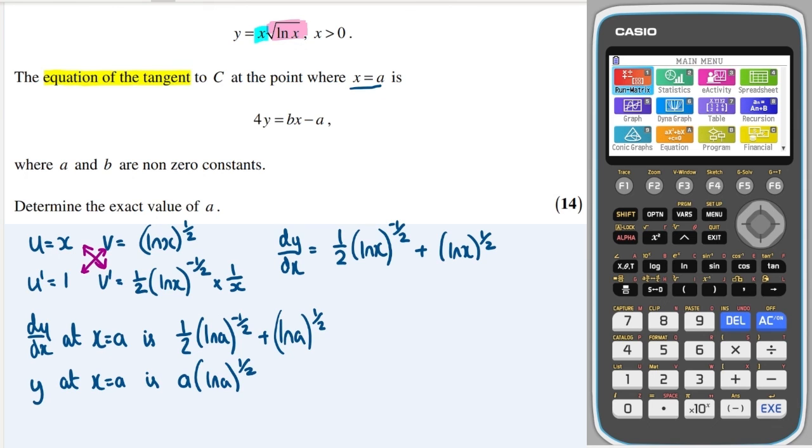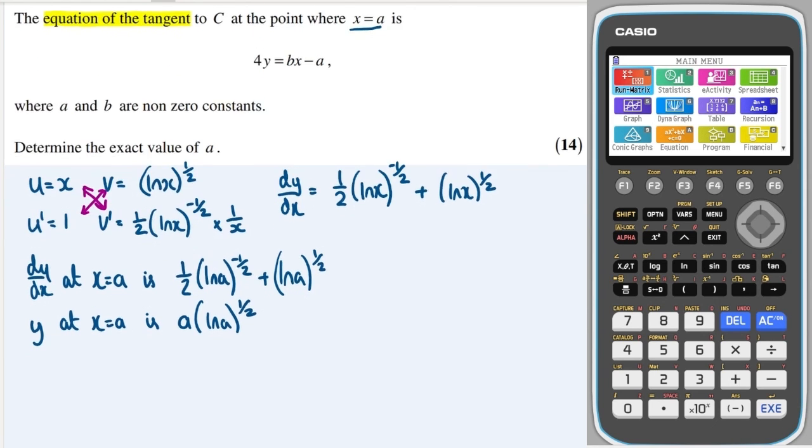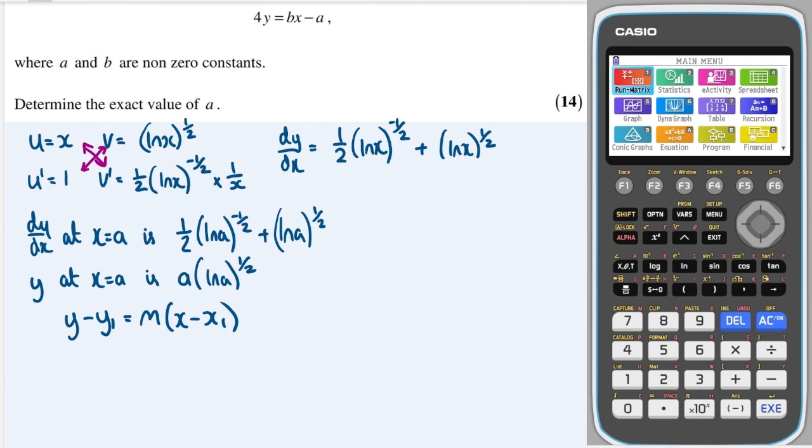Okay, next step is to use my equation of a straight line, which is y minus y1 equals m times x minus x1. I'm going to sub in my gradient and I'm going to sub in my xy point. So my y value, which we worked out, was a ln a to the half.